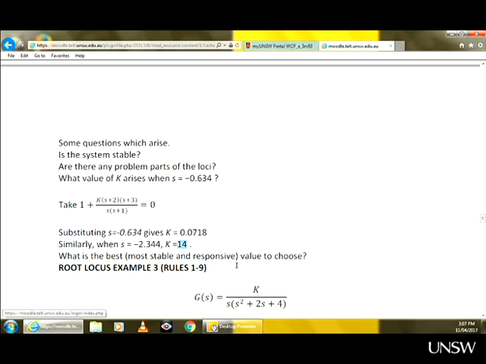This is a misprint. The departure angle from the breakaway point, or arrival angle at the break-in point, is always 90 degrees.